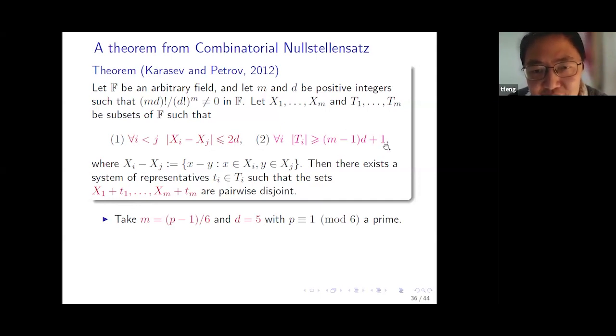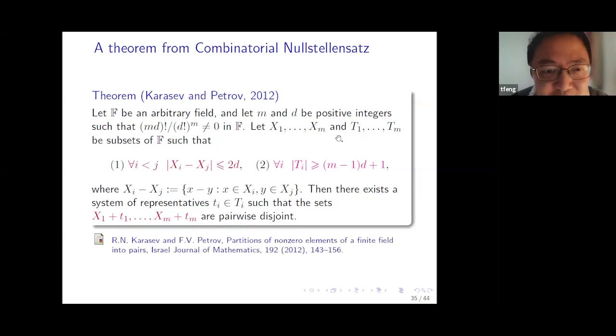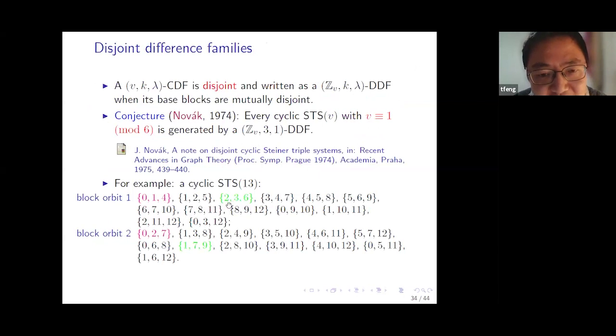And the second condition, the size of Ti. For our example, we can take Ti to be all the elements of the cyclic group of order 13, because Ti can be 0, 1, 2, 3, up to 12.